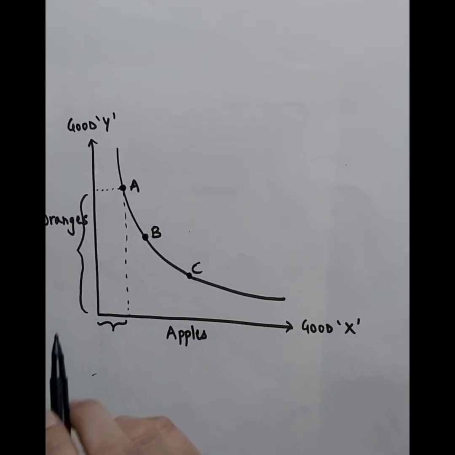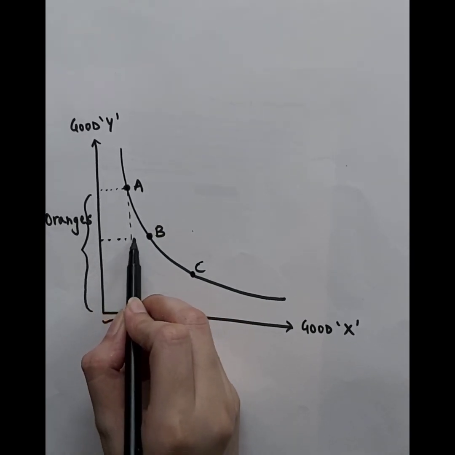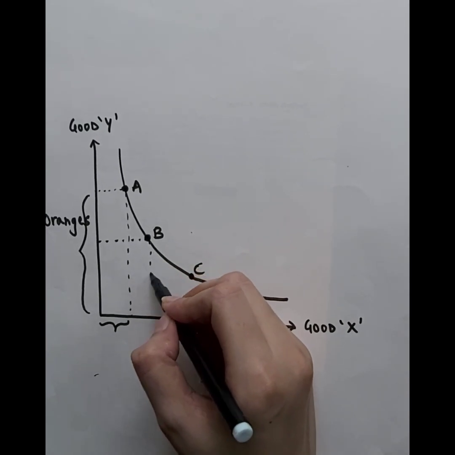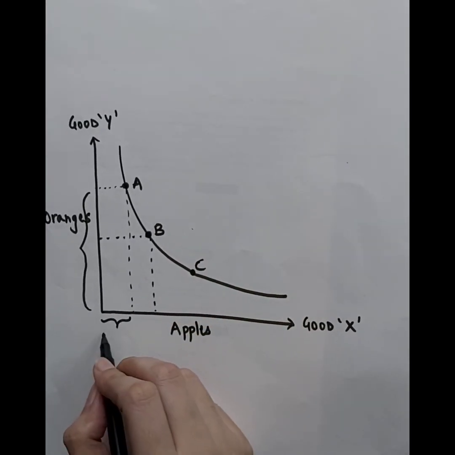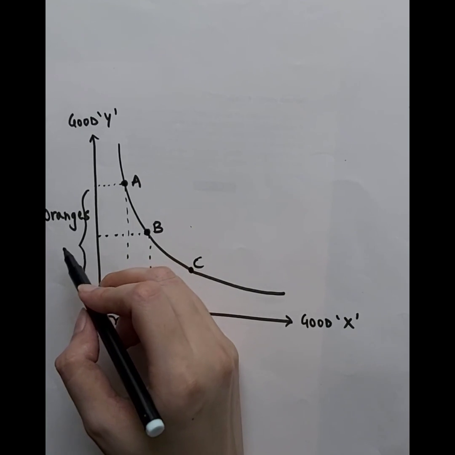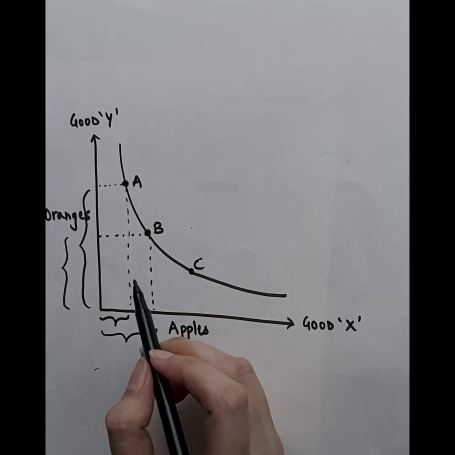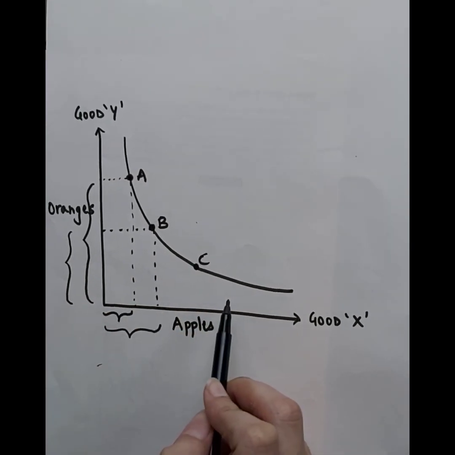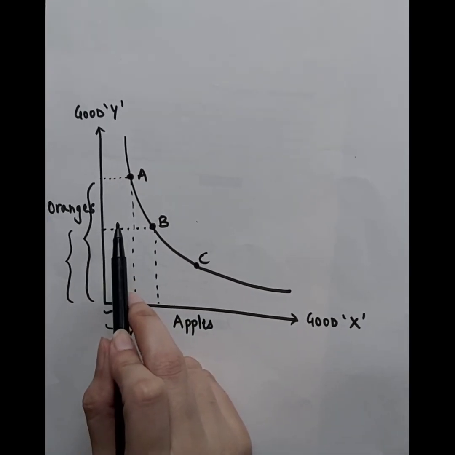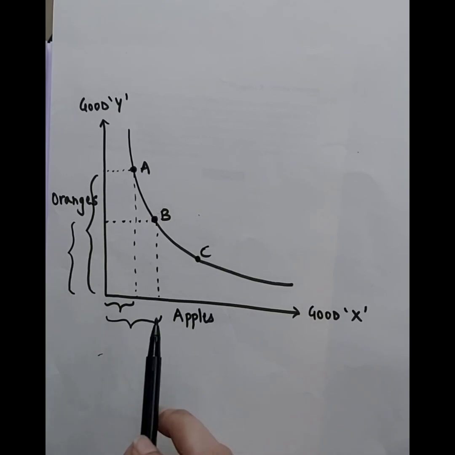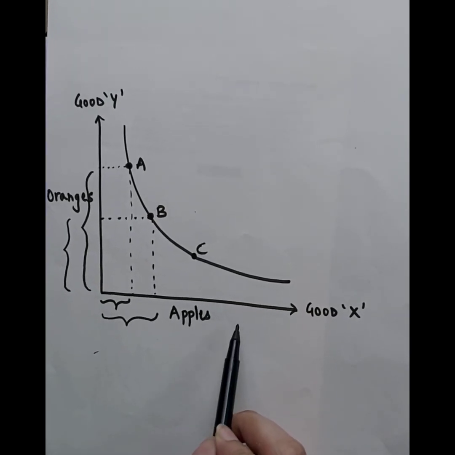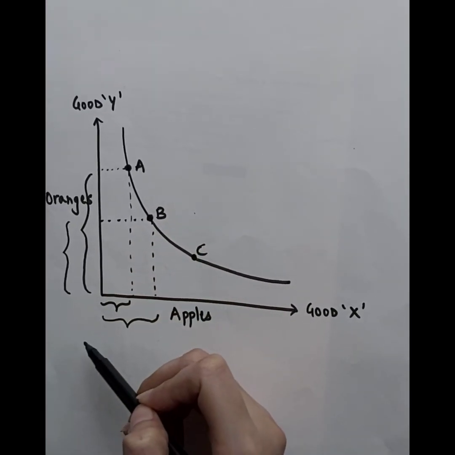But as we move to point B, we can see that our apples have increased a bit and our oranges have reduced a bit. So as I said earlier, as we move from left to right, we are substituting one good, which is apples, for oranges, increasing the number of apples and reducing the number of oranges. I hope you understood this indifference curve and its example with the help of the graph.